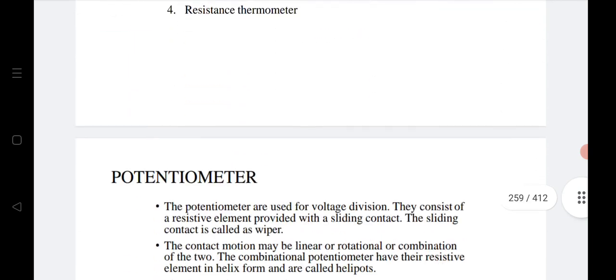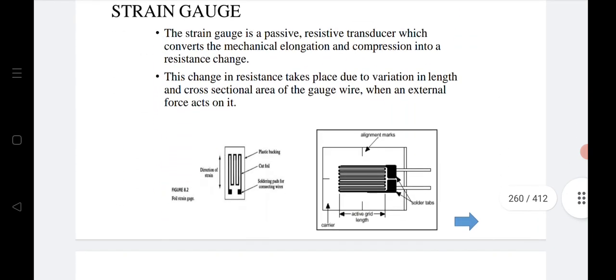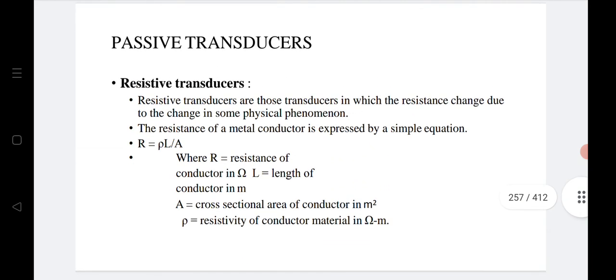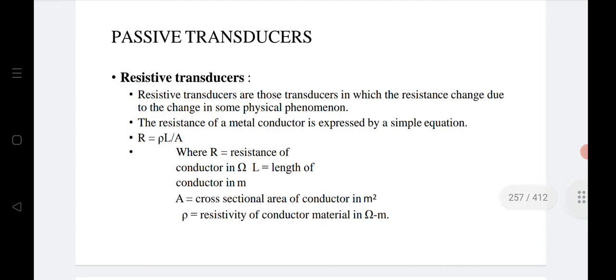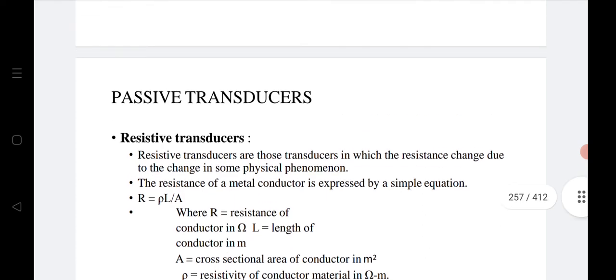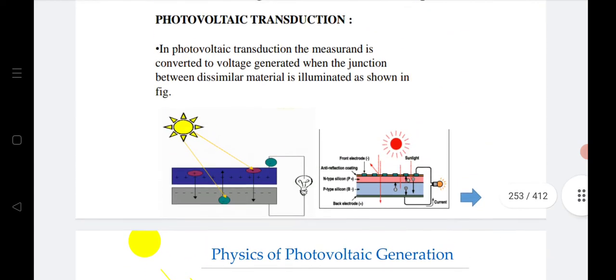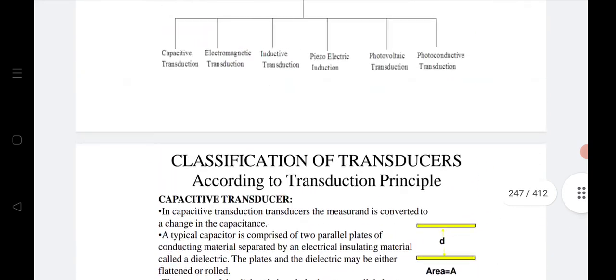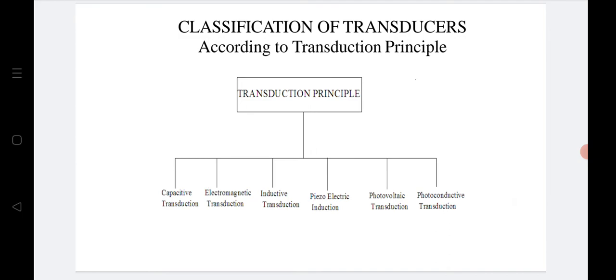Let us come to the passive transducers. In the passive transducer classification, the first type is resistive transducers. Before getting into this, once again let us see this. Based upon the transduction, we have capacitive, electromagnetic, inductive, piezoelectric, photovoltaic and photoconductive transduction.